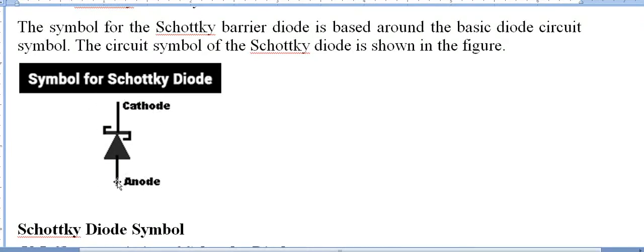This is the anode end, this is the cathode end, and if we compare this symbol with a simple PN junction diode, we see the difference lies here. In the case of a PN diode, this is a straight line, whereas here it is S-shaped.